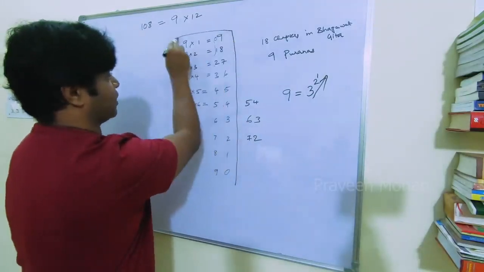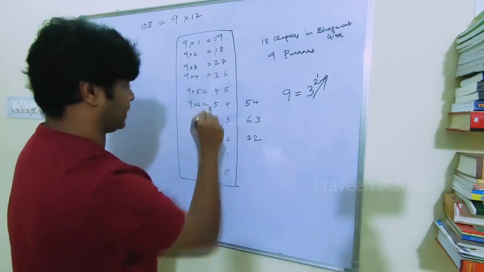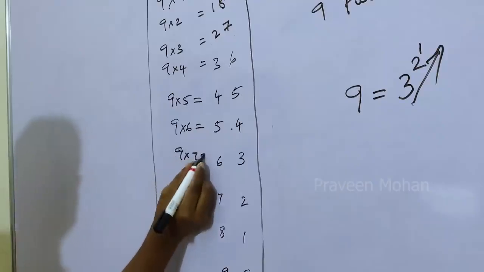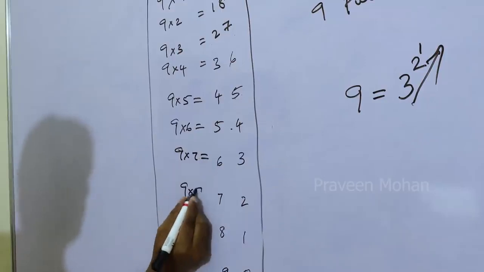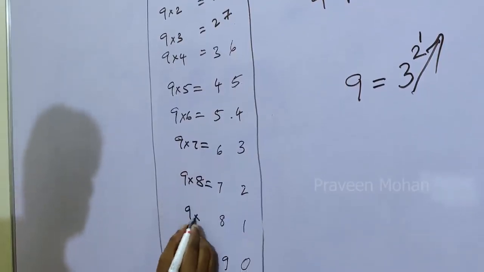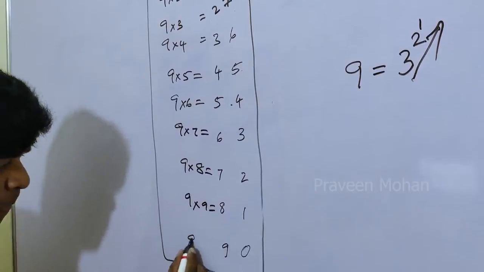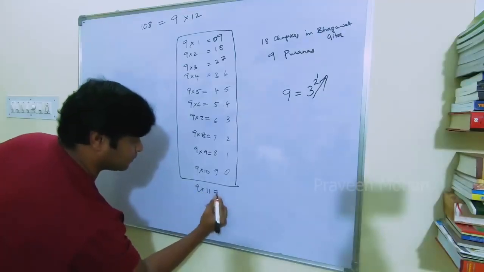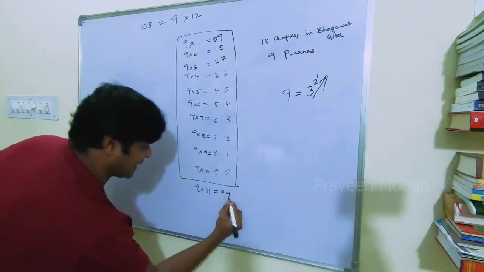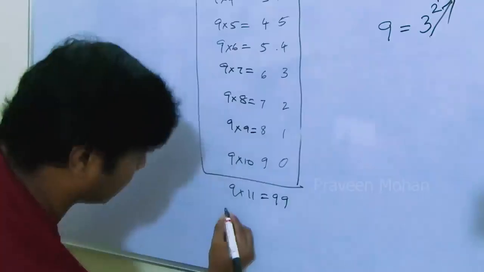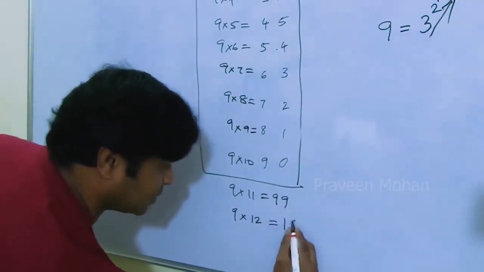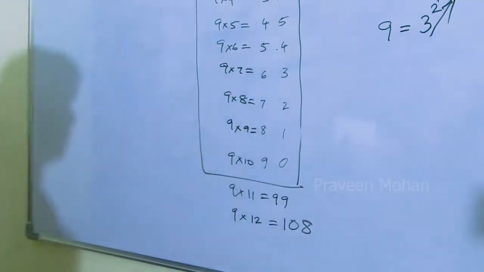Let's look at these numbers and see what this means, okay? 9 times 7 is 63. And 9 times 11, that's 99, am I right? And then 9 times 12, that is our divine number 108, correct?